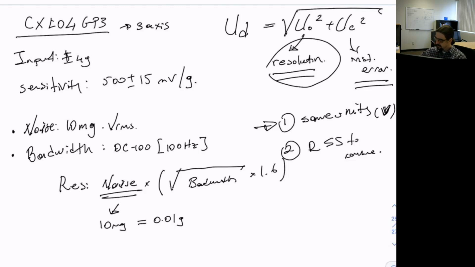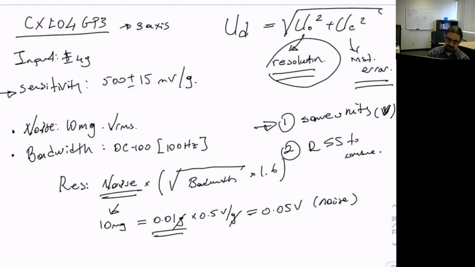So if I were to convert this G into voltages, I know my sensitivity here was given as 500 millivolts per G. In other words, it is 0.5 volts per G, right. And if I were to convert that, I will find it as times 0.5 volts per G, right? G's are going to cancel each other out, and I am going to find 0.05 voltage as the noise of the system.